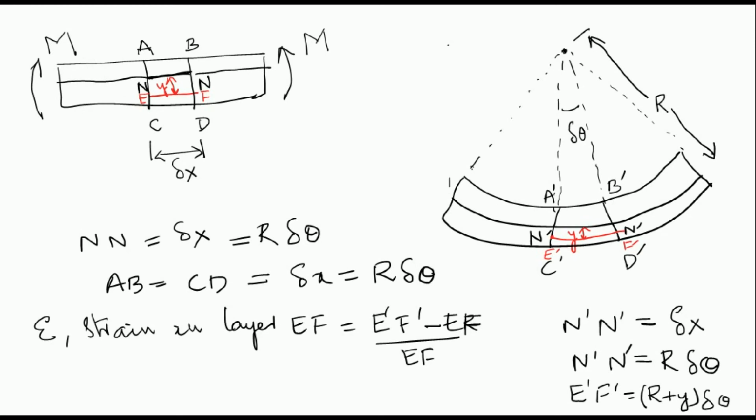So now your strain is (R plus Y) delta theta, which is E dash F dash, minus R delta theta, which is EF, by R delta theta.